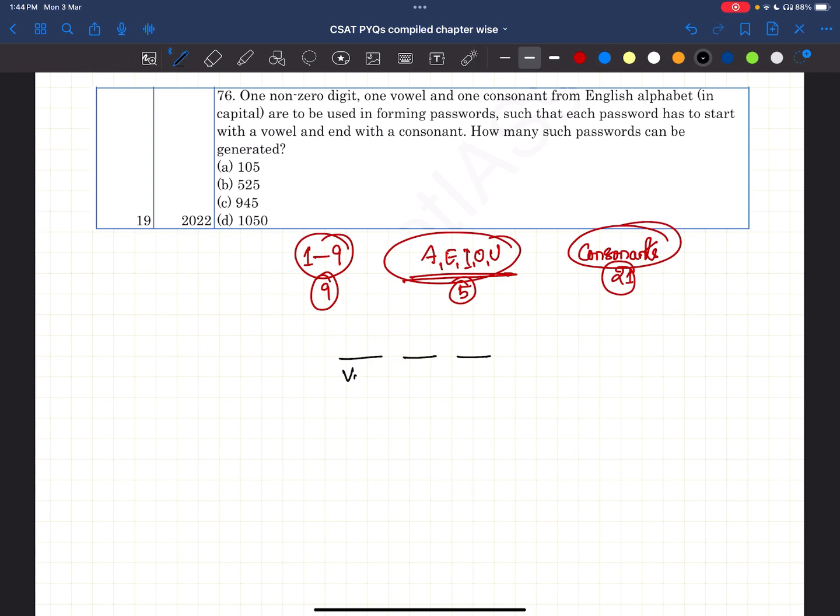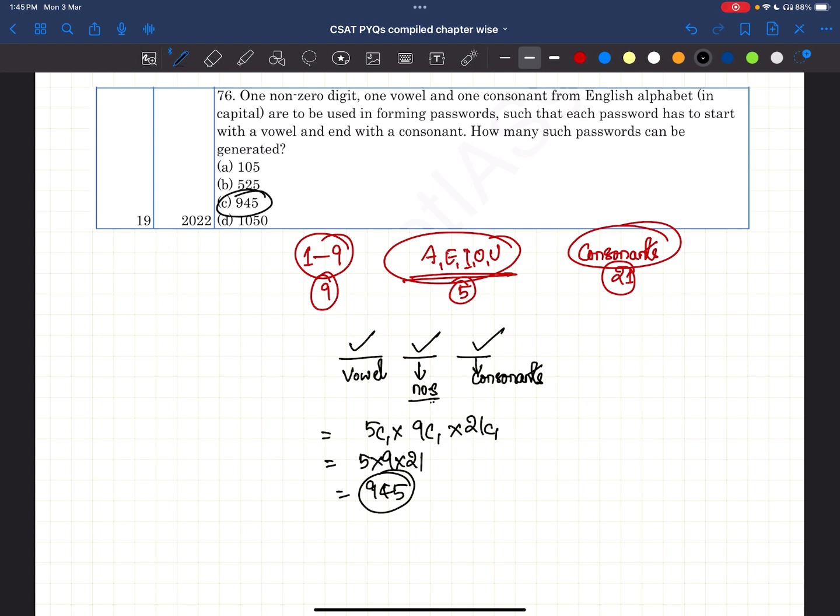This is a vowel, this is a number, this is a consonant. So we have to take one vowel, one number, one consonant. How many passwords can be formed? 5C1 into 9C1 into 21C1. That is 5 into 9 into 21, which is 945. This is the answer.